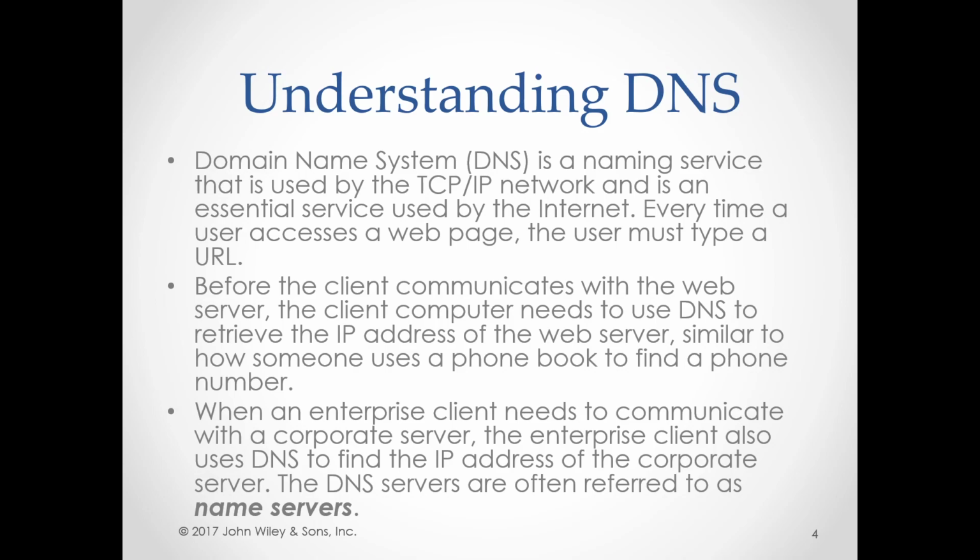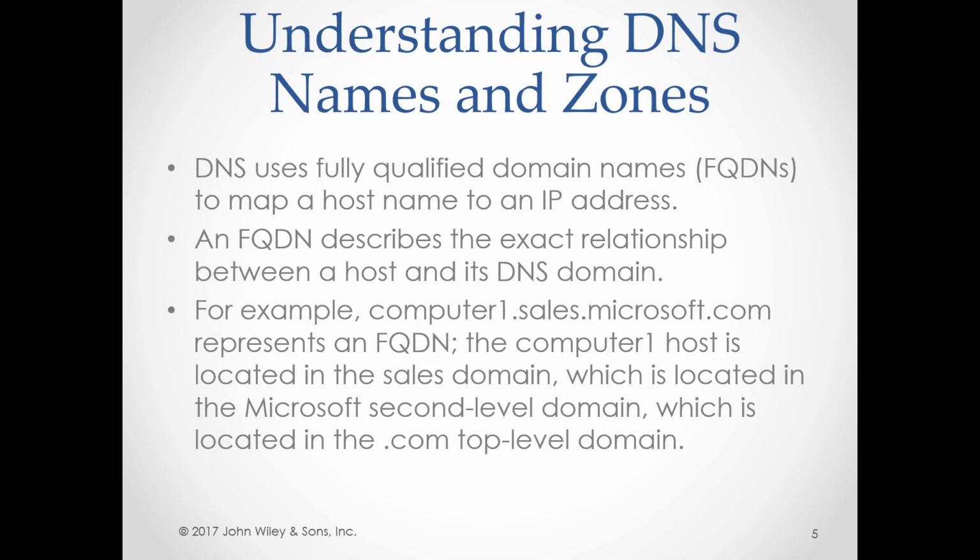From the enterprise perspective, we run internal DNS that allows us to map fully qualified domain names to the host names within our network. For example, computer1.sales.microsoft.com. That is a fully qualified domain name, an FQDN.